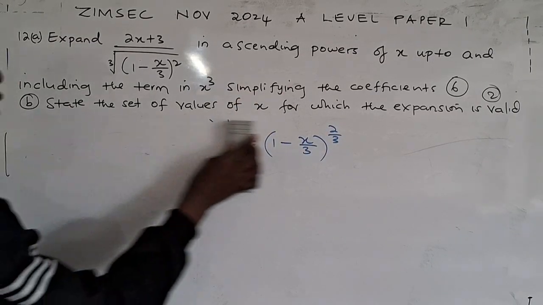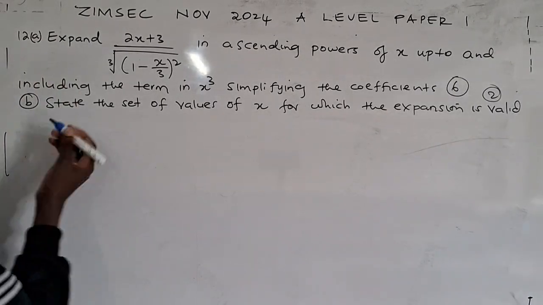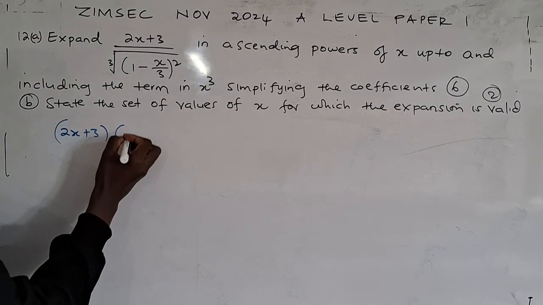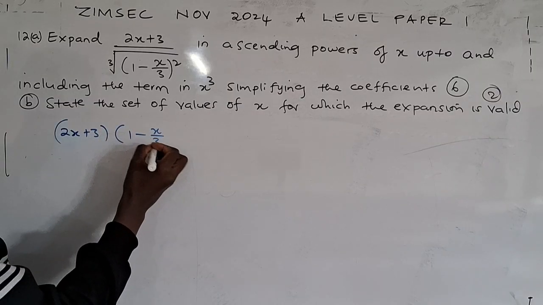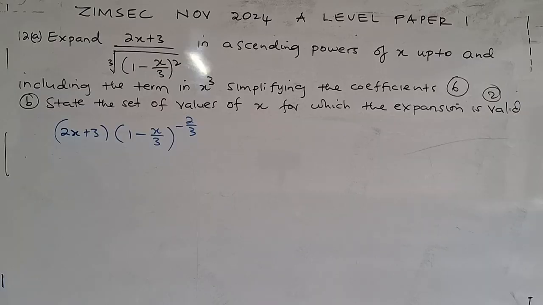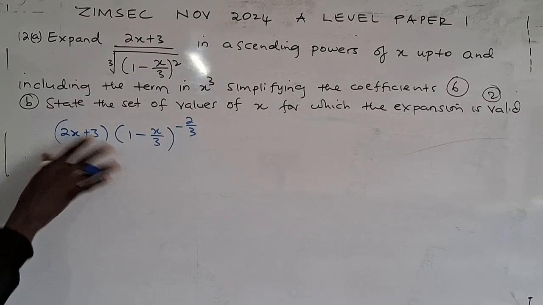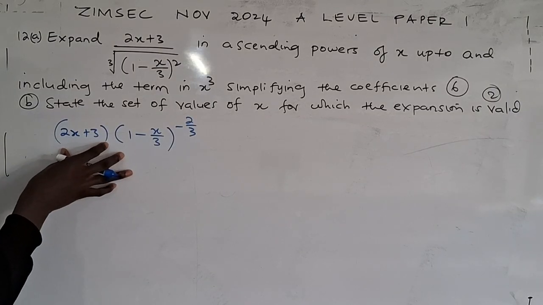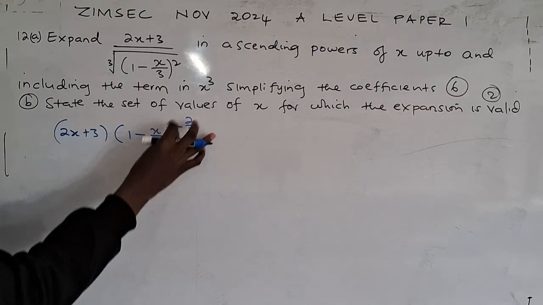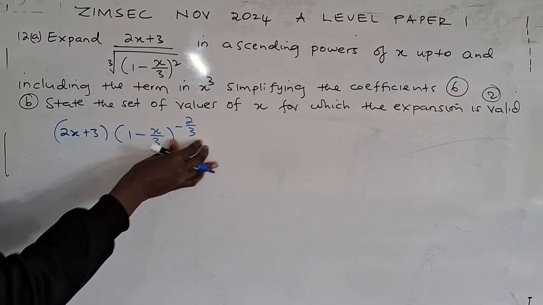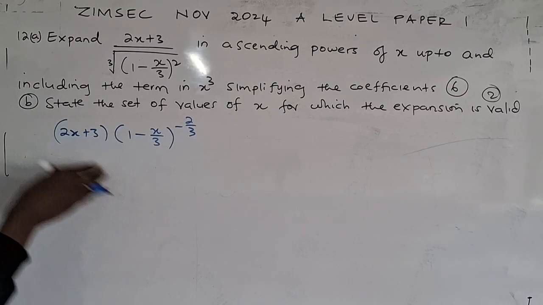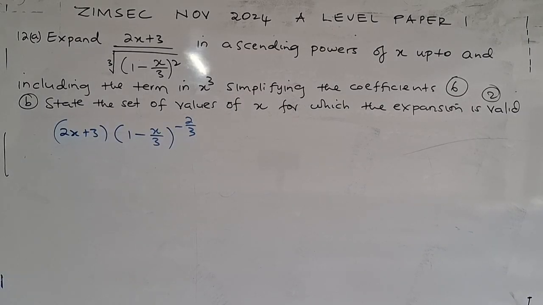So the question is (2x + 3)(1 - x/3)^(-2/3). This is a linear factor, and this is also a linear factor, but this is raised to the power -2/3. So you can expand this first using the binomial theorem.